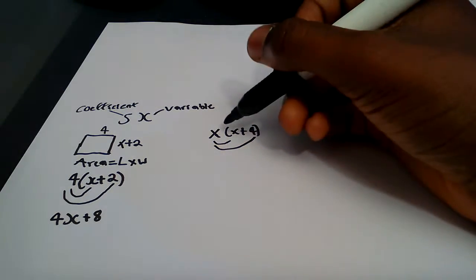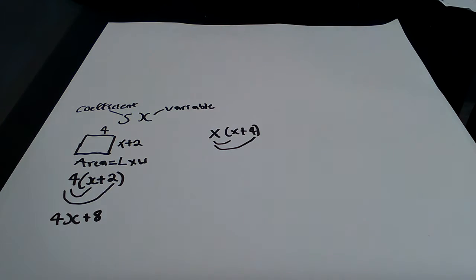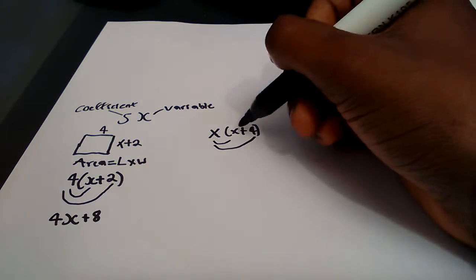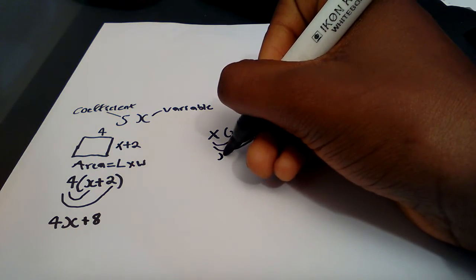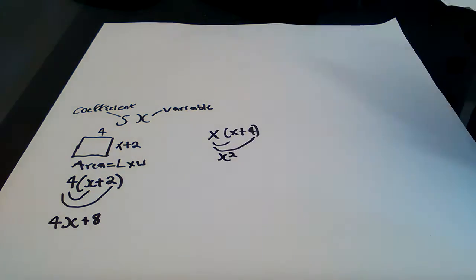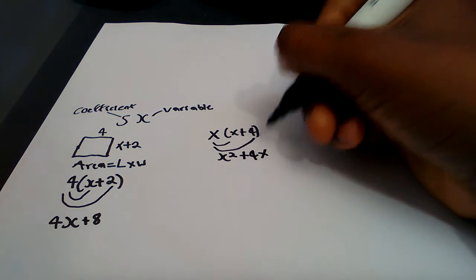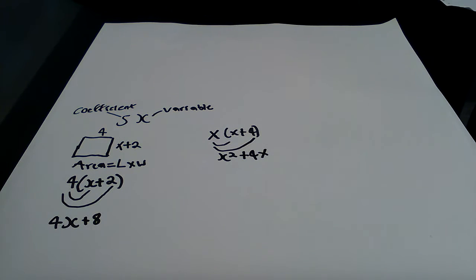A variable times the same variable will be the variable squared, like x times x, y times y. So x times x will be x squared. Then x times 4 will be 4x. Simple as that.